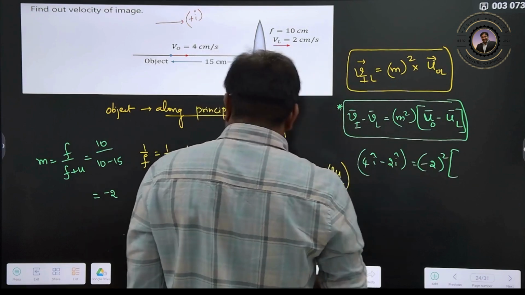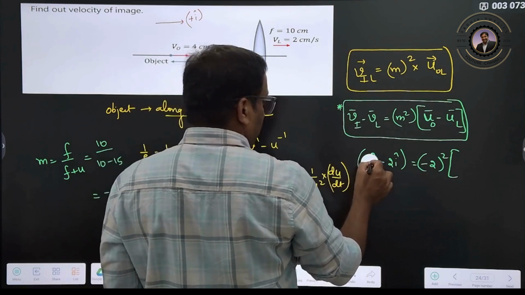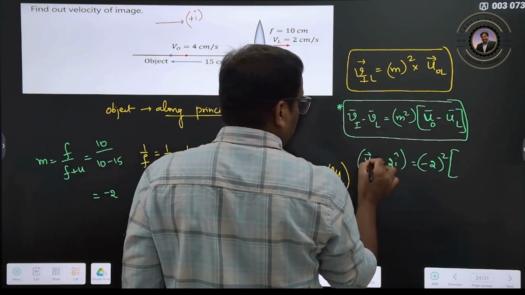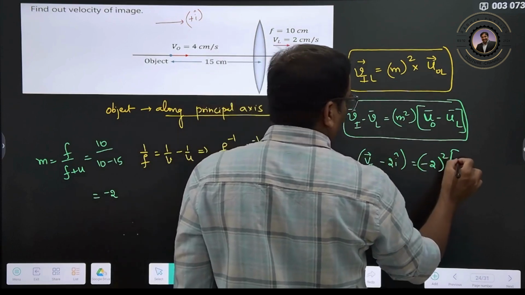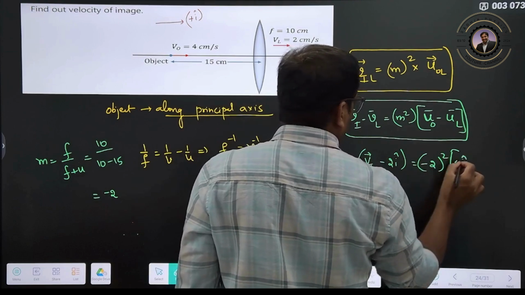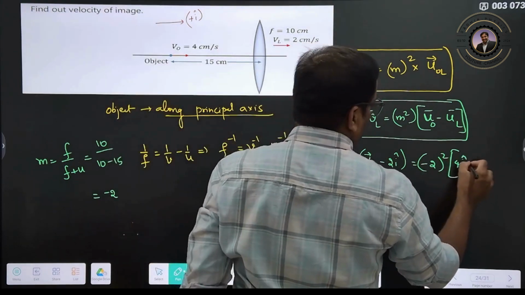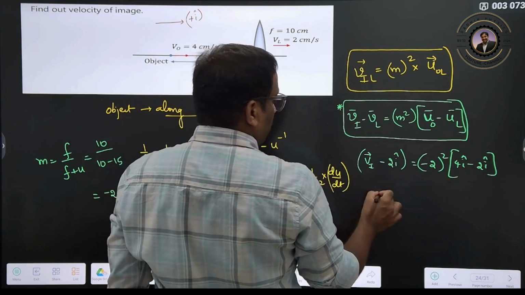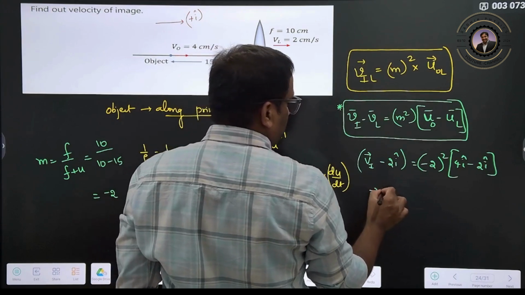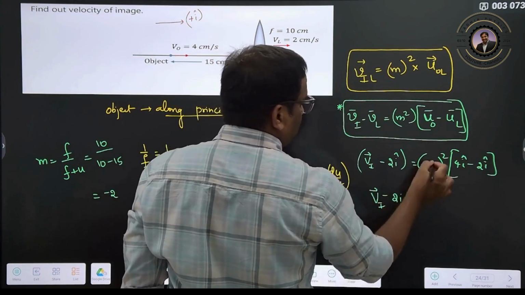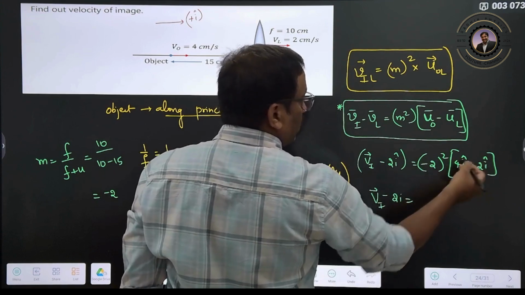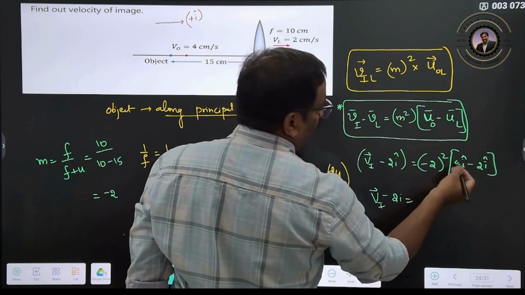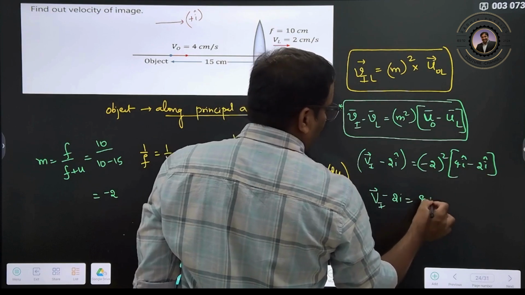the velocity of the image, which we want to calculate. Clear? So, the velocity of the object is 4 i cap minus 2 i cap. So, velocity of the image minus 2 i cap is 4 into 2, therefore 8 i cap.